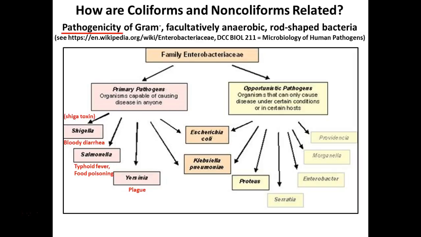So these are the bad guys, right? Shigella, Salmonella, right? These would be ones found in feces potentially. So if we have E. coli there, or even Klebsiella pneumoniae, it would be possible that these other guys are also present.